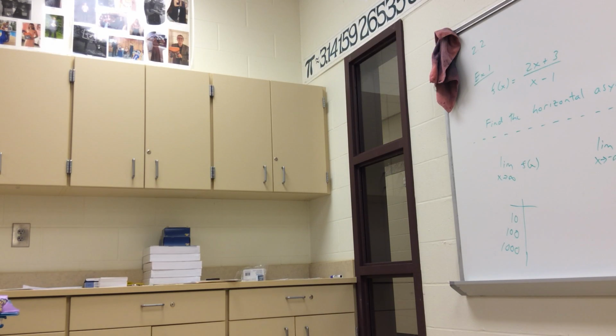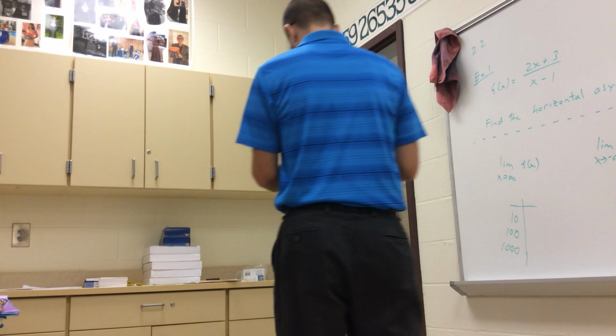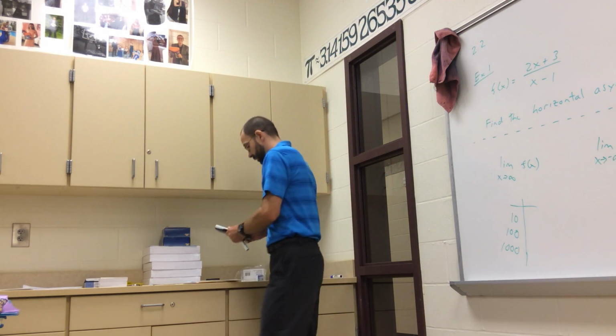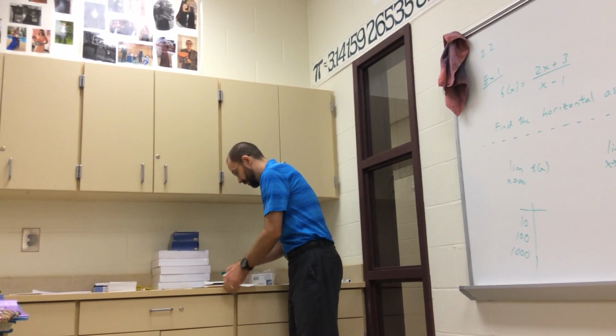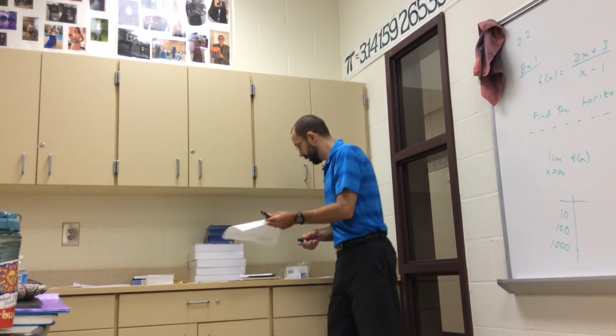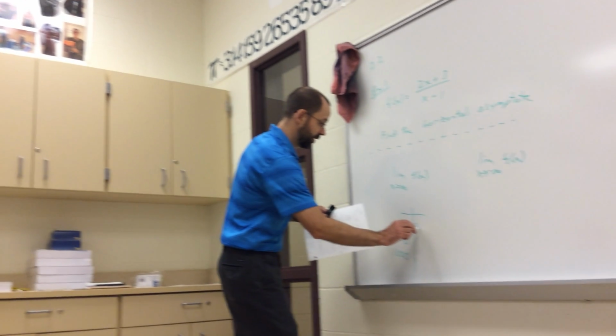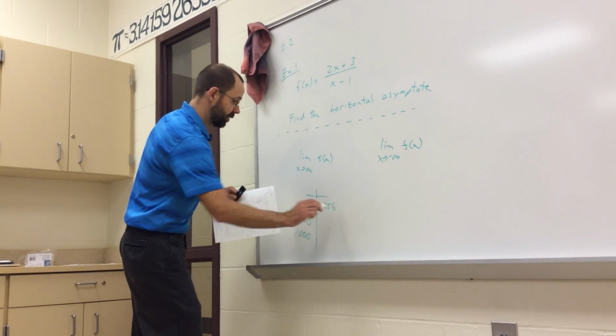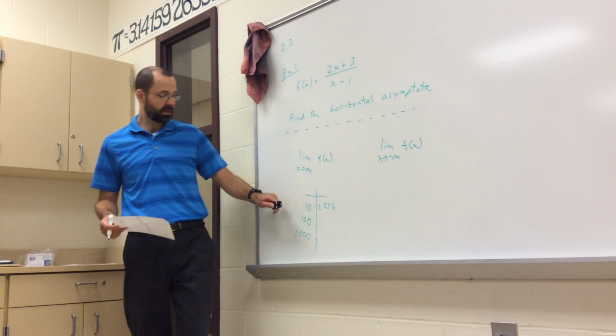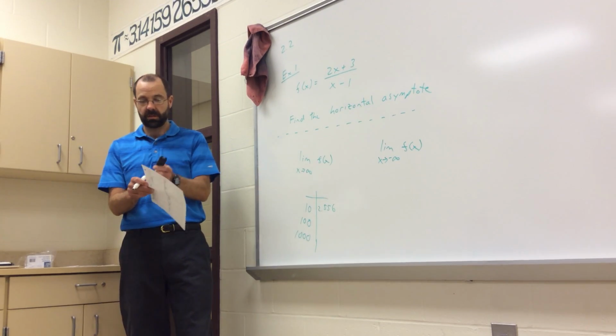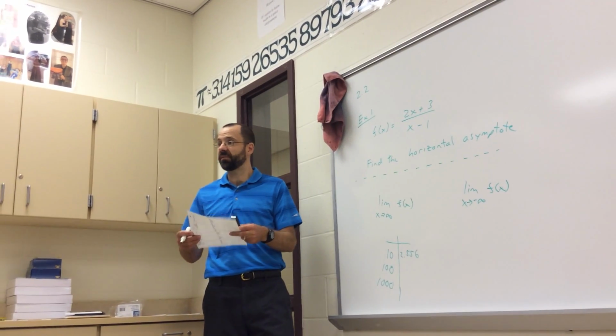We're just taking 2 times 10 plus 3 divided by 10 minus 1. So I got 2.556. Good with the 2.556?